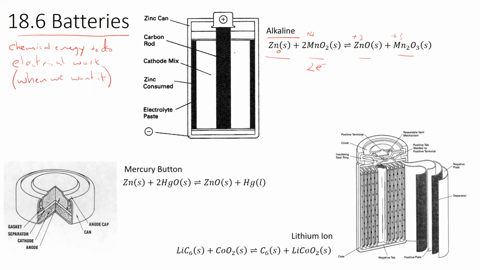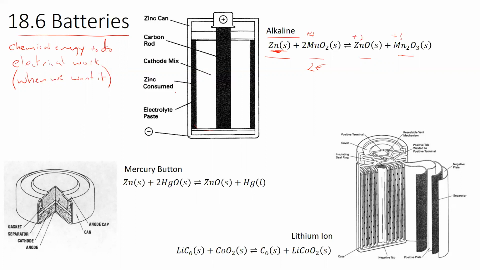But the whole thing is you have a setup such that the zinc itself is the anode. The anode, if you will, is the can, and inside the can you'd have extra zinc so that your reaction could proceed until the chemical reaction finished, basically until your manganese 4 oxide was used up.